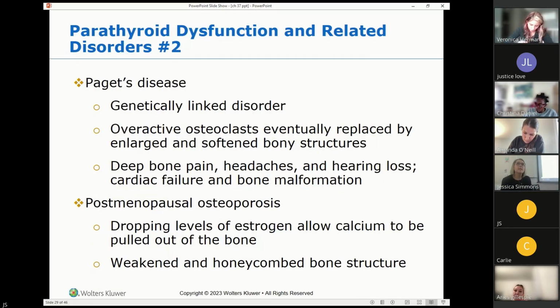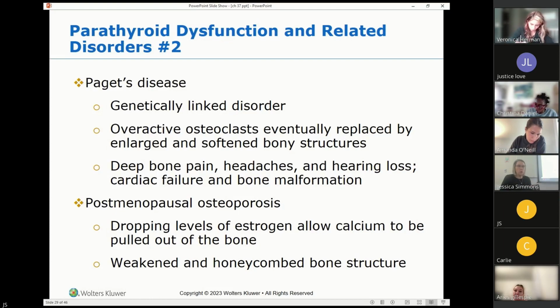Paget's disease is one of those disorders. It is a genetically linked disorder. It is overactive osteoclasts eventually replaced by enlarged and softened bony structures. So these are literal overgrowths of bones.